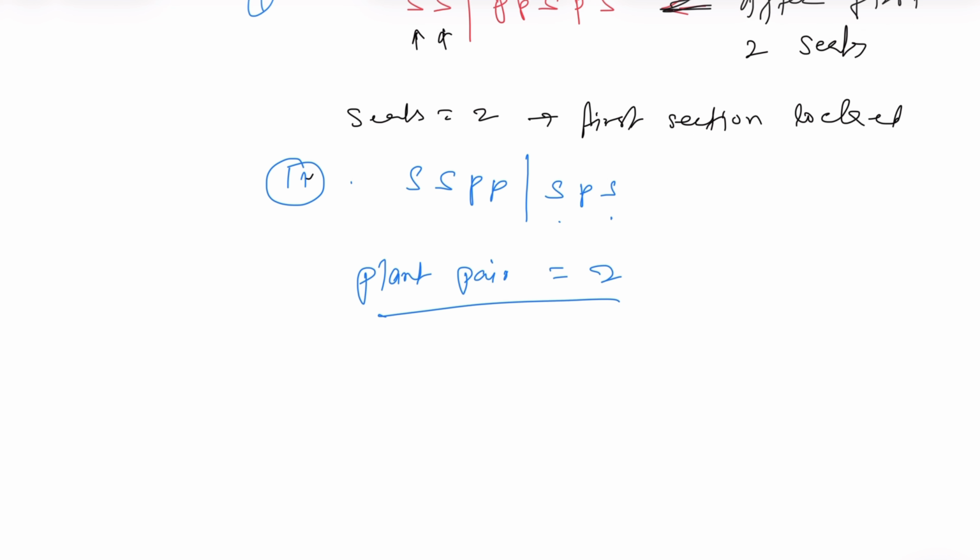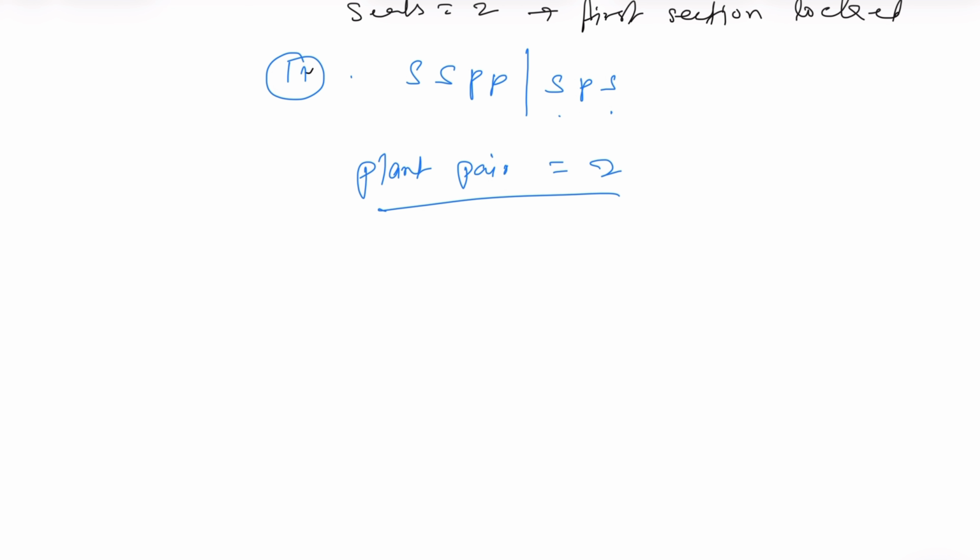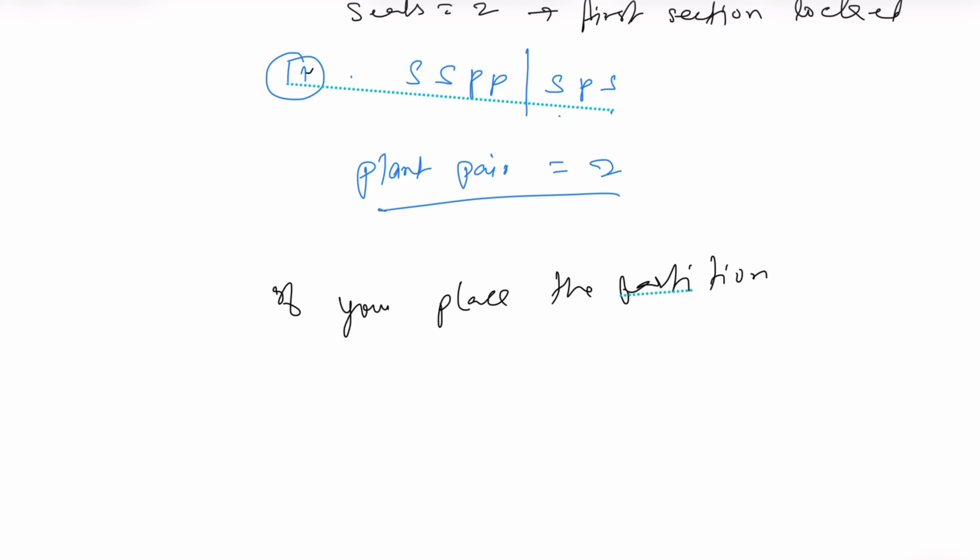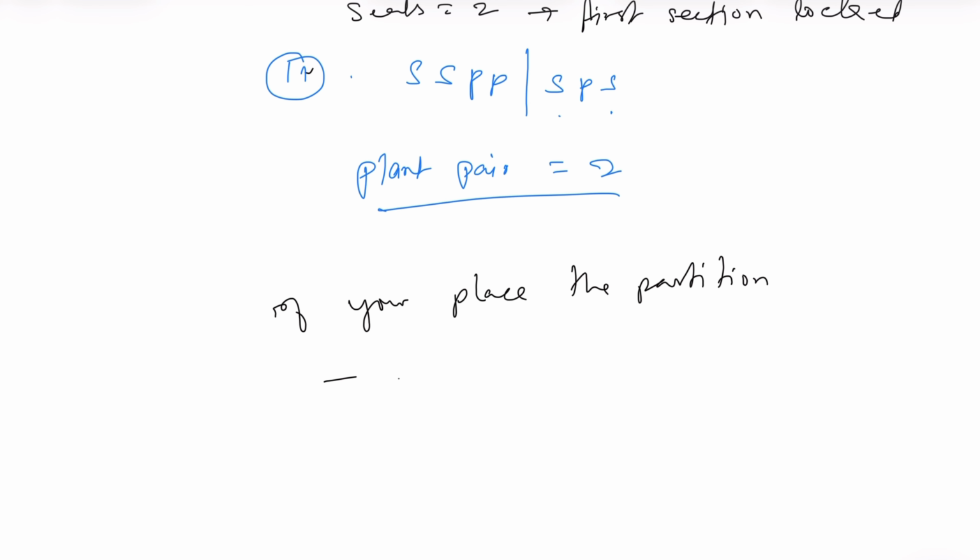Understand? What I'm trying to say here is that if you place the partitions after PP, there are 2 choices plus 1.